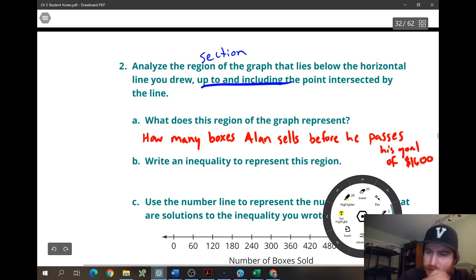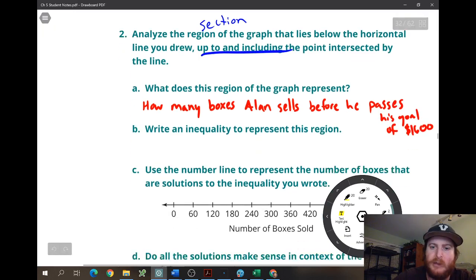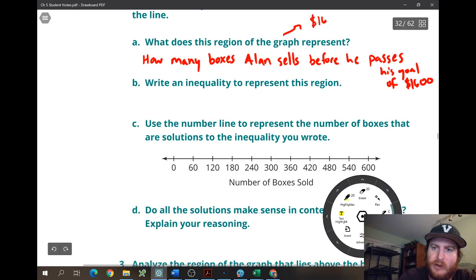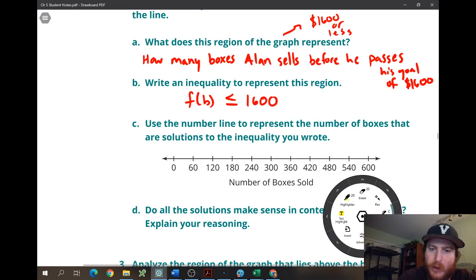Or how many boxes he sells if he's made $1,600 or less. So writing an inequality, well, what was our money? Our money was f of b, and it's 1,600 or less. That represents less than or equal to 1,600. The less than because it's below, the equals to because it included that point.